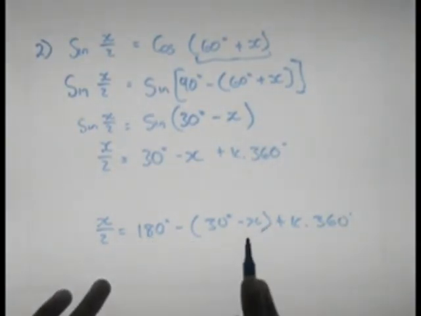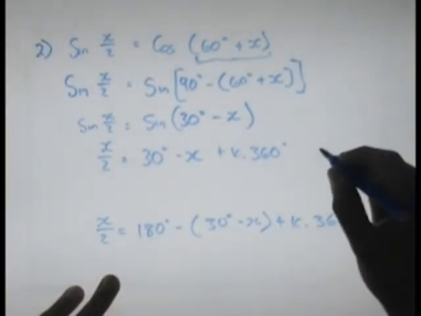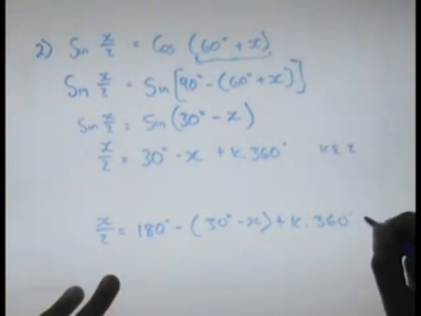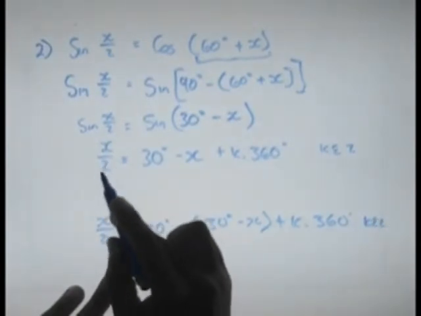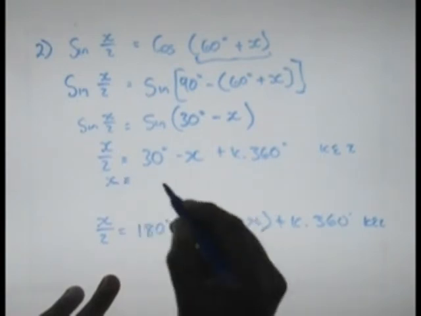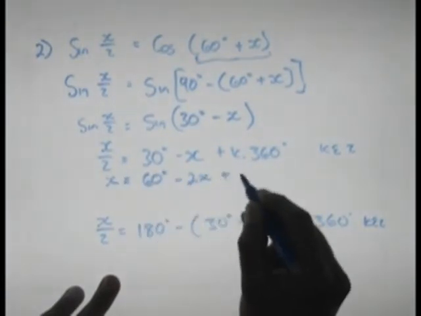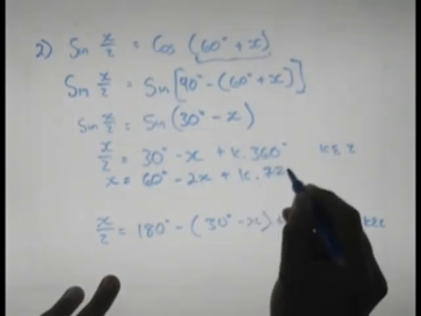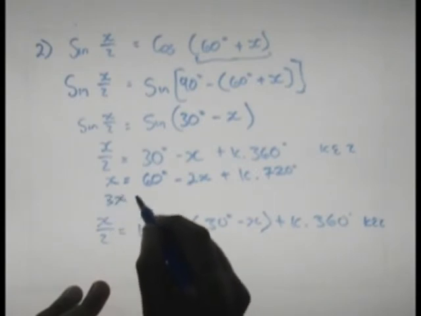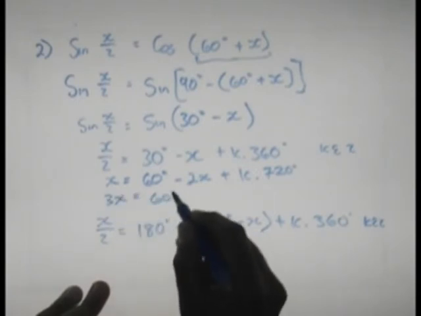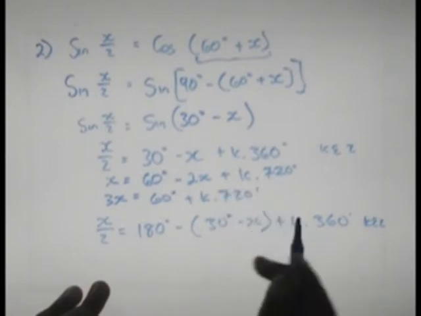This is quadrant 2. By the way, both of these are when k is an element of integers. I'm going to start by getting rid of that denominator. That means that x is equal to 60 degrees minus 2x plus k times 720 degrees. Minus 2x across means that 3x is equal to 60 degrees plus k times 720 degrees.